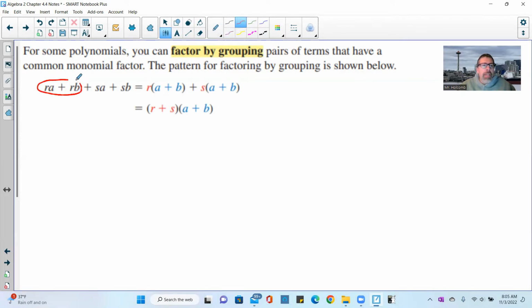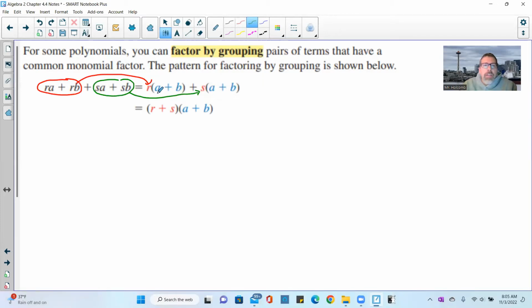RA plus RB has a common factor of R. So they factored out an R. SA plus SB has a common factor of S. So they factored out an S. So this here factors out to R times A plus B, and this factors out to S times A plus B. Factoring is the inverse of the distributive property.